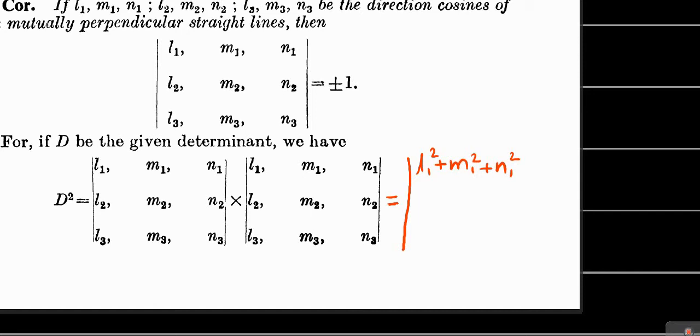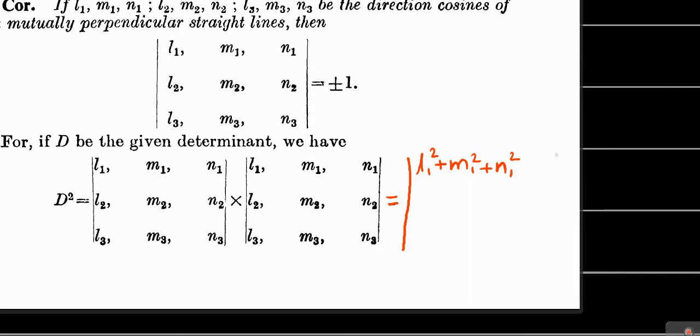Now the second element. For getting the second element, we have to take the product of first row from the first determinant with the second row from the second determinant. Means it will be the L1 into L2 plus M1 into M2 plus N1 into N2. So that element I am writing here.